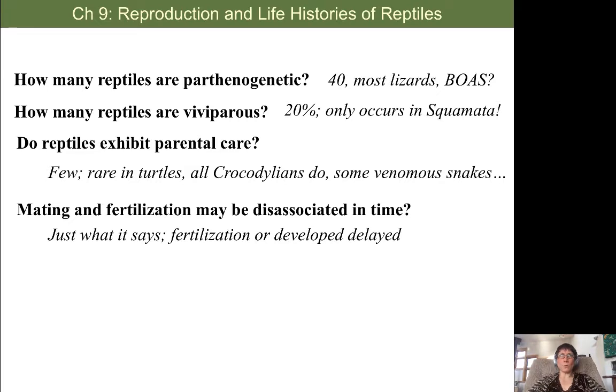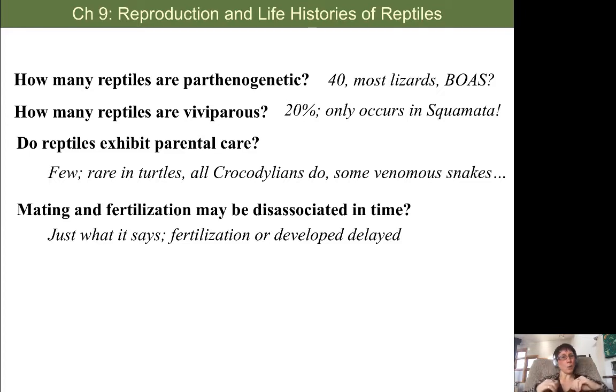You might ask yourself, when or in what situations would it be selectively advantageous to lay eggs versus to have live birth? Most of the evidence seems to point, with some exceptions, there are always exceptions, to viviparity having evolved in reptiles when they invade more extreme latitudinal or altitudinal regions.